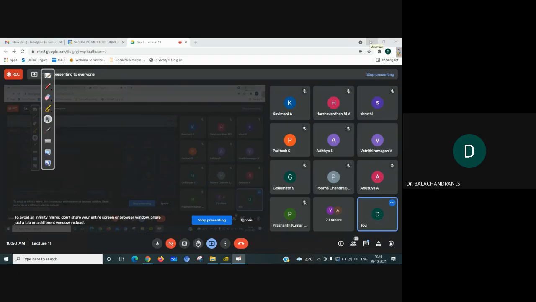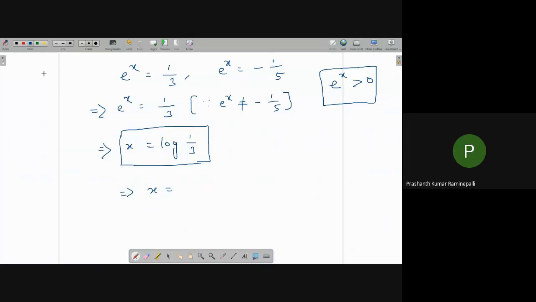It is 0.47, minus 0.47. Okay, I will check it, but I don't have the calculator now. So it is better to write x is equal to log 1 by 3, that is enough.